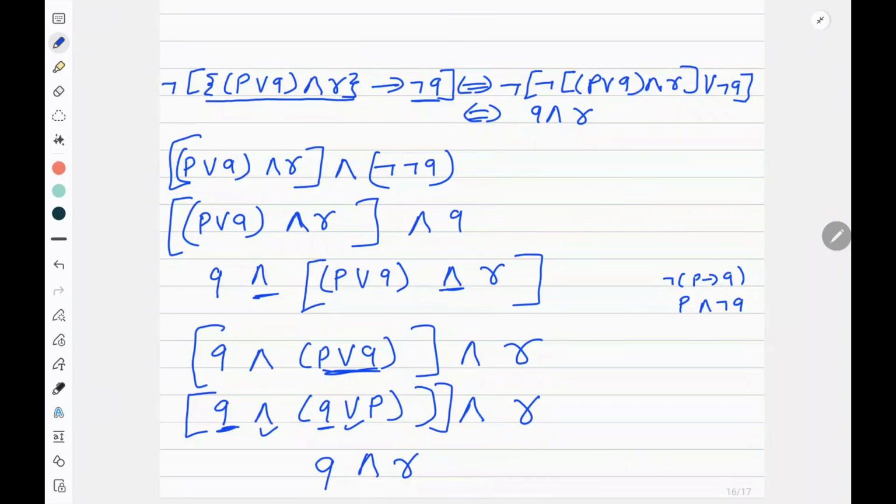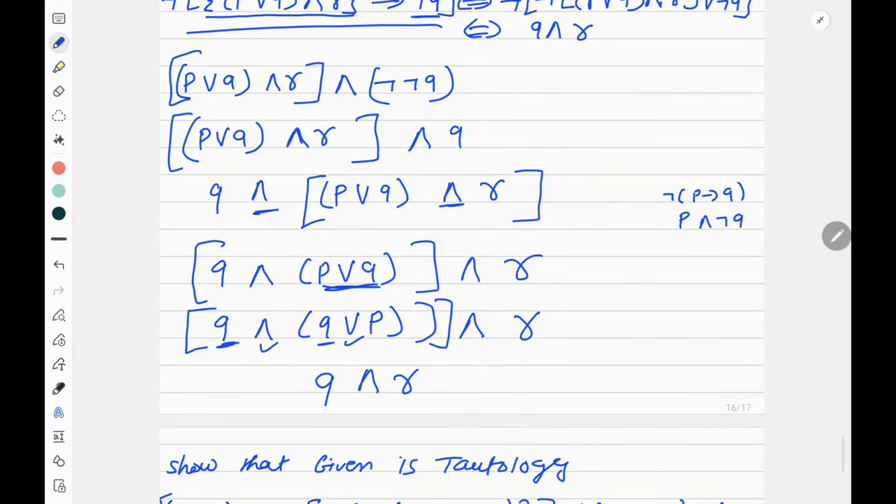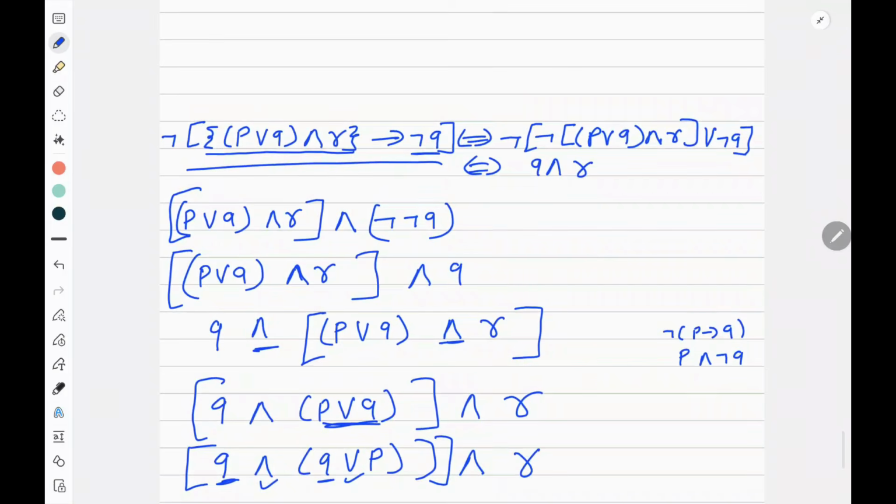So I have resolved this part. So now let us work on the second part. If you observe the second part, what do you have? It's all negations. So apply De Morgan's law. You can apply De Morgan's law inside also and directly outside also. So let me apply De Morgan's law outside first. Second, I'll just make a space to do that second part. Now see, if I'm applying De Morgan's law here, what will I be getting?